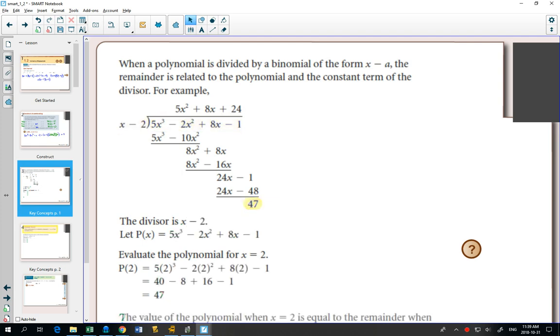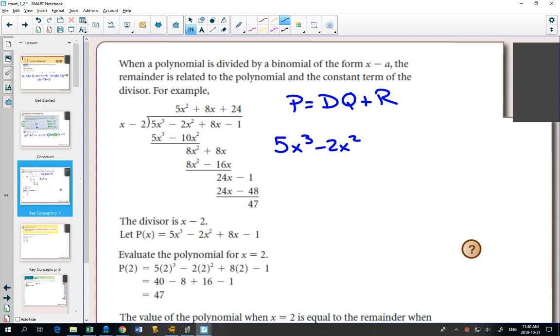And the key thing for us to see from this example is that if I write out the division statement, the dq plus r, I would have 5x cubed minus 2x squared plus 8x minus 1 is equal to x minus 2 times 5x squared plus 8x plus 24, and the remainder was plus 47.